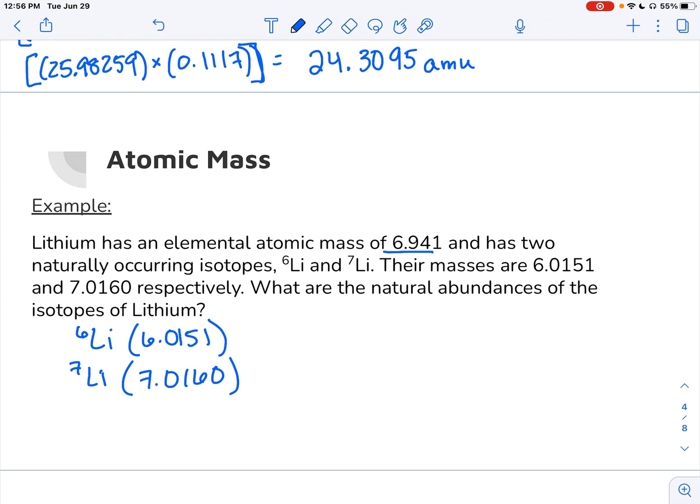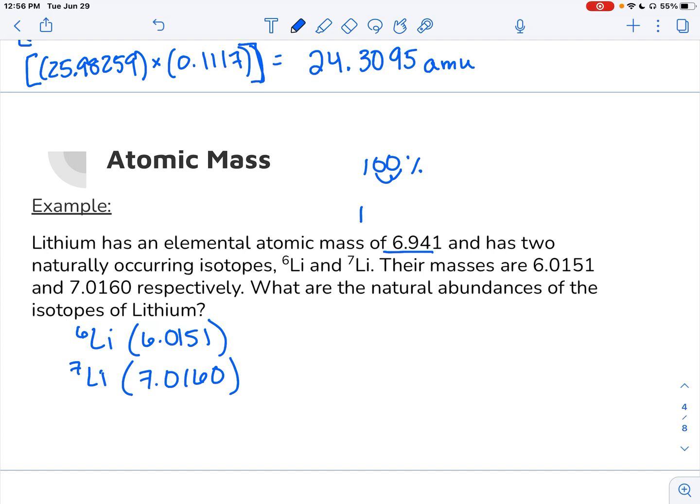Also remember that in our formula, we're going to be using the decimal forms of the percentages, okay? So instead of 100, it will be 1. Because if you have 100% and you move the decimal point back 2 spaces, you get 1. So our decimal form of 100% is going to be 1.